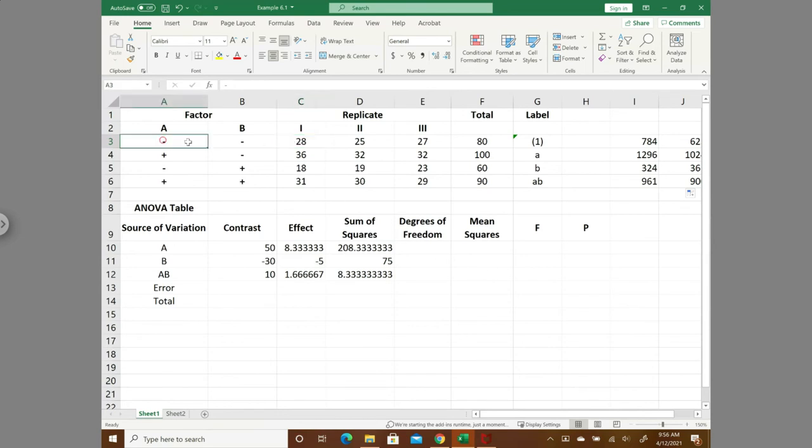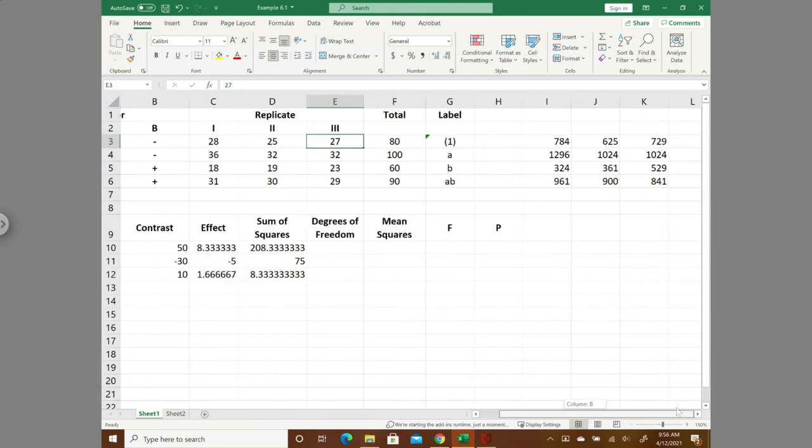So this would be y, well, yijk. i means low level of factor A, so let's say 1, j means low level of factor B, so 1, and first sample, so y111. This should be y112, this should be y113, and so on and so forth.